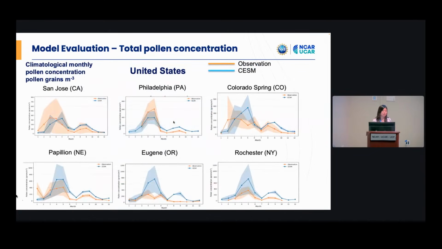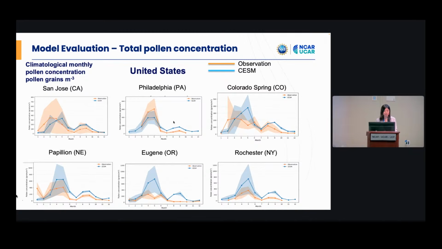Firstly, I'm showing the evaluation over the United States, where we are comparing the climatological monthly pollen concentration for CESM simulation and observation for different sites. In general, our model is doing a pretty good job capturing the magnitude and the seasonality, although pollen emission can have a large seasonal or interannual variation.